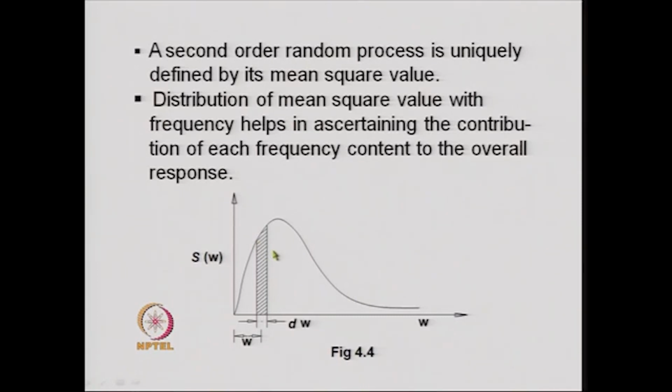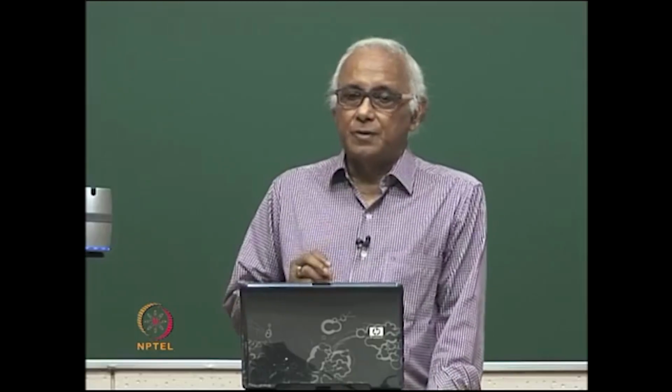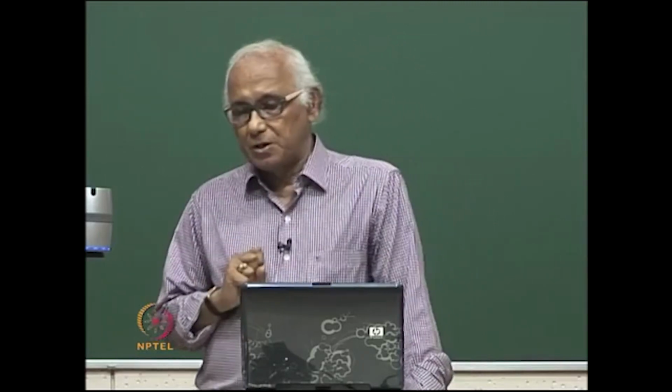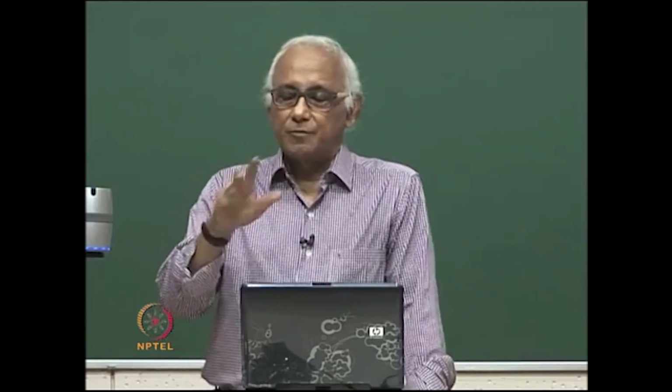So, in other words, the power spectral density function is a distribution of the mean square value with frequency. In a frequency domain analysis, we expect to know, at each frequency, the contribution of the power spectral density function to the mean square value.